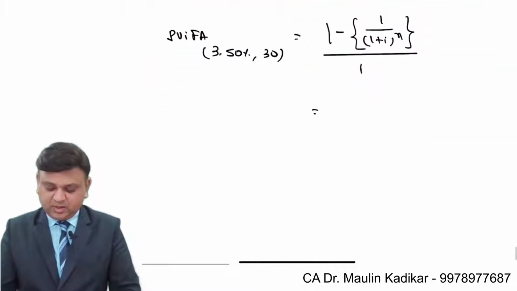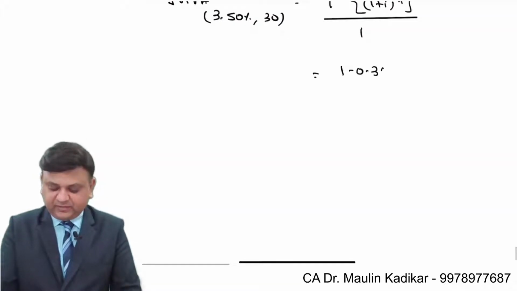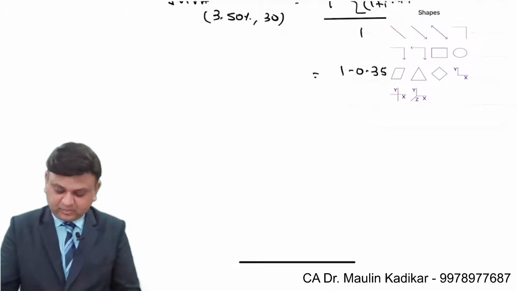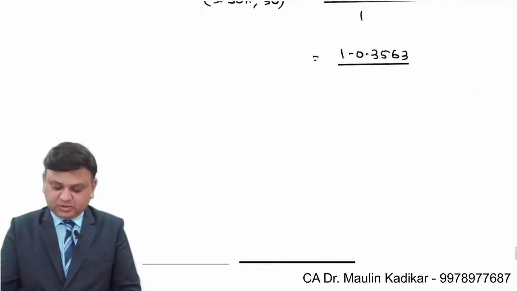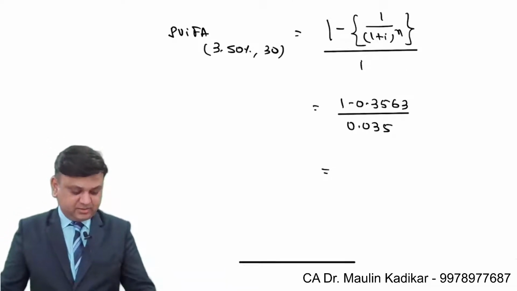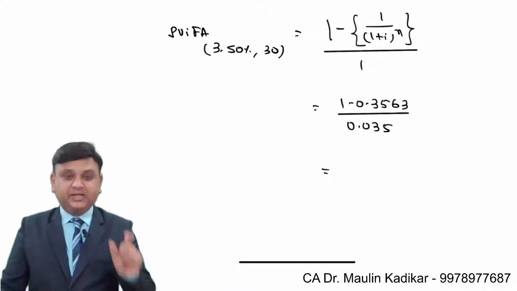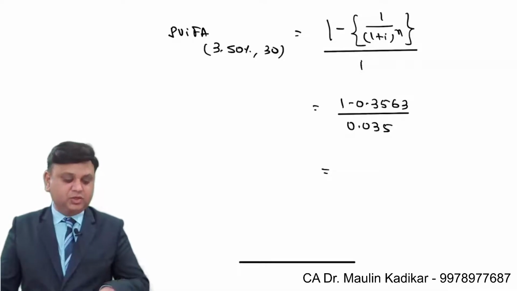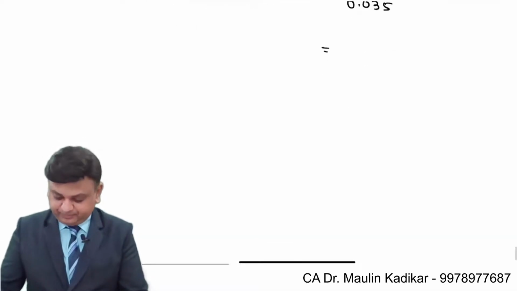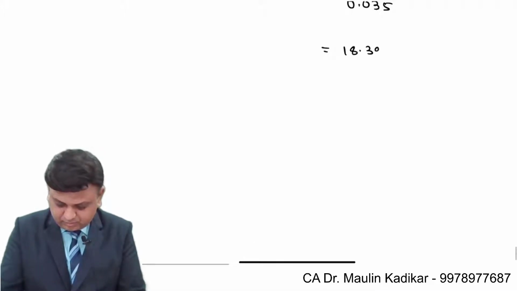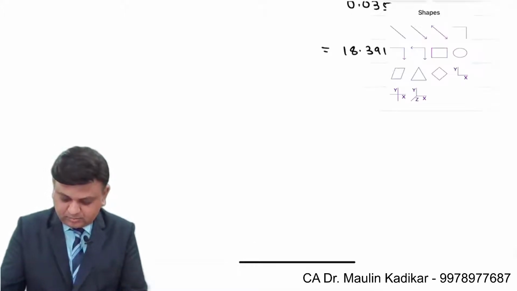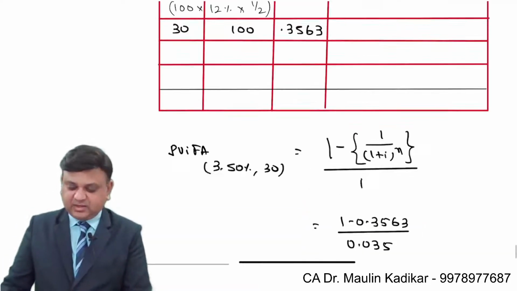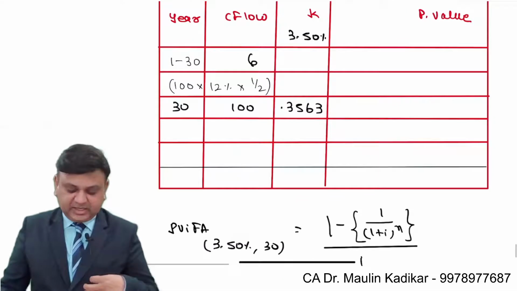So over here, 1 minus 0.3563 divided by 0.035. With that, we will make the calculation. So 1 minus 0.3563 is 0.6437 divided by 0.035. So 18.3914. That is the way we can compute the answer.